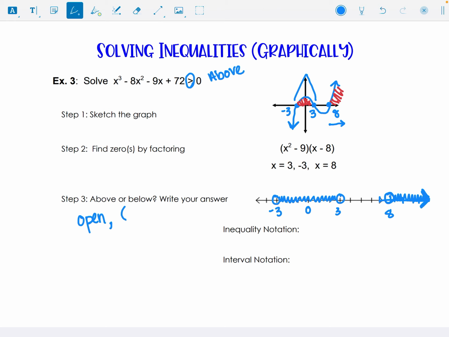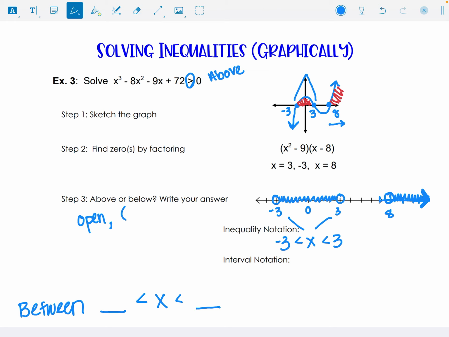So my inequality notation in this case is going to be kind of weird. For this first one, if I want to say between these two numbers, again, this is the notation to say that something is between. So the smaller value less than x, less than the larger value.